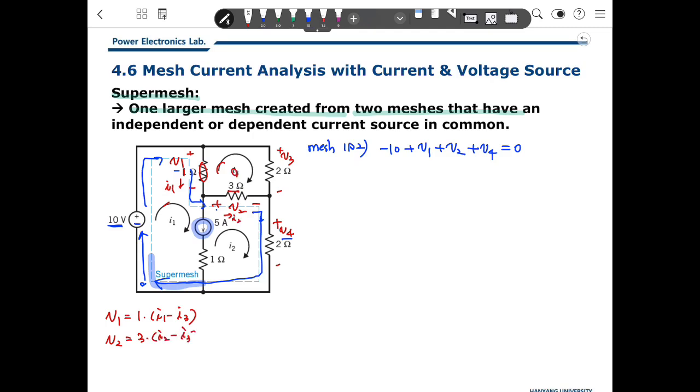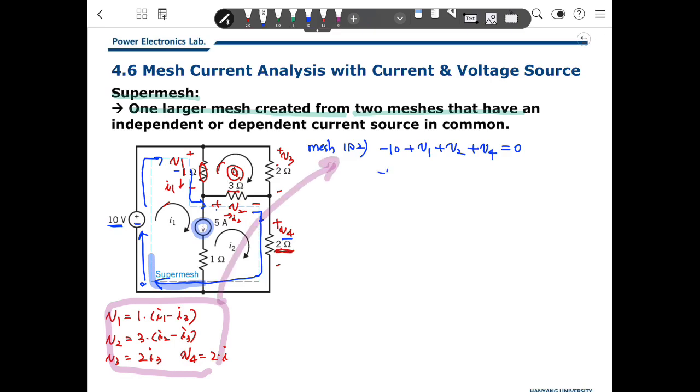So 3 times I2 minus I3. And what is V3? There is only one current here, I3, so 2I3. And how about V4? V4 is similar. It is 2 ohm. This resistor belongs to only the second mesh, so there will be 2 times I2. So we can insert these here.